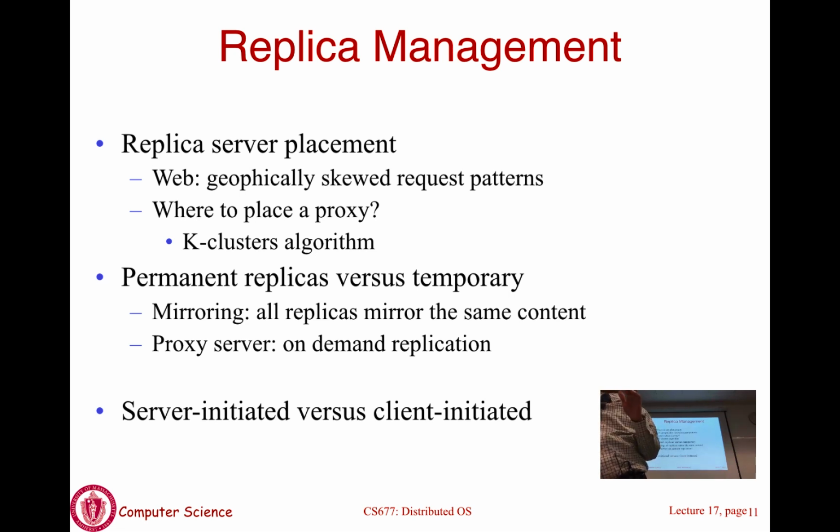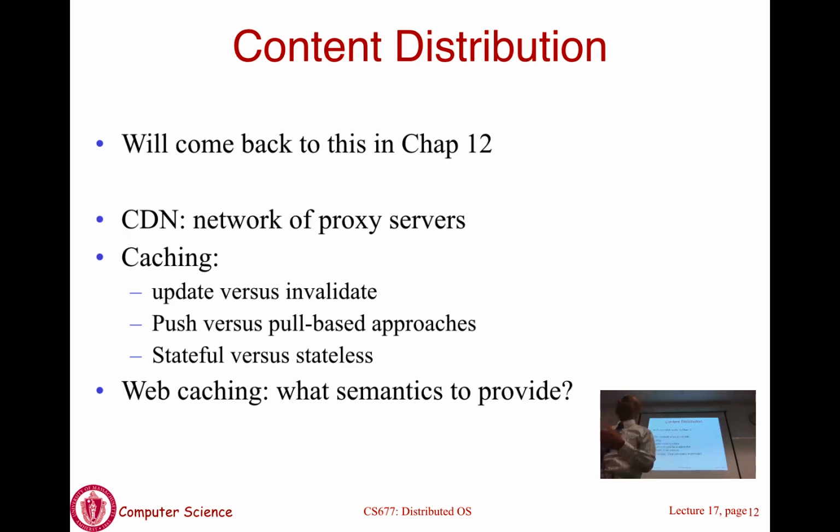This is the whole question of how many replicas do you have, where do you put them, is that done dynamically or statically, who is going to drive replication of an individual object, is it the server or the client, is it the workload that's going to dictate it, and so on. Okay? I'm just mentioning these at a very high level now, but many of these issues are very important when you talk about data replication. And rather than thinking about them more generally, it makes sense to think about them in the context of a particular system, such as the World Wide Web.